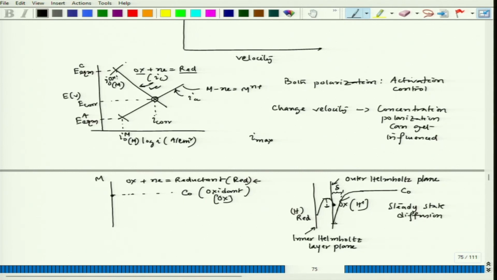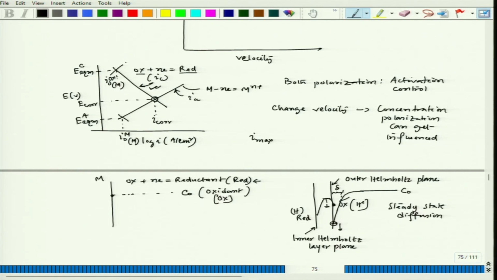Now, this particular interface, as the rate of reduction increases, this point gradually will go down. So, that means the hydrogen ion or oxidant species which is coming to the interface, which is the outer Helmholtz interface, when it comes there, the rate is so fast that it immediately gets reduced.